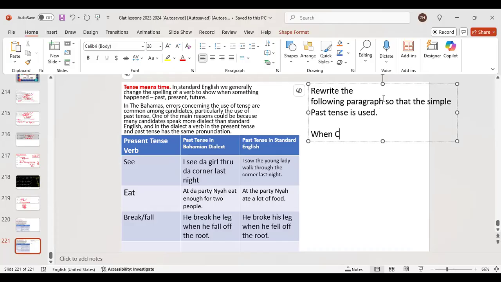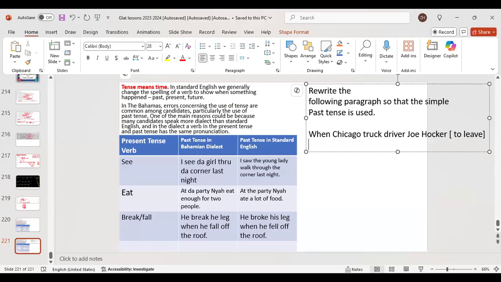So when Chicago truck driver Joe Hawker to leave his job and to move with his wife to the Bahamas.